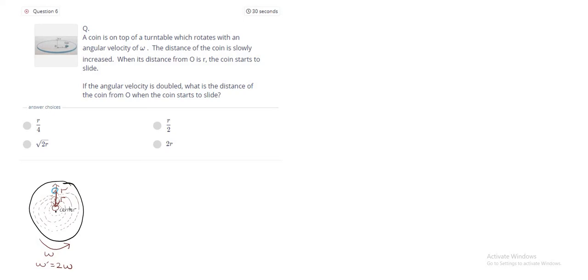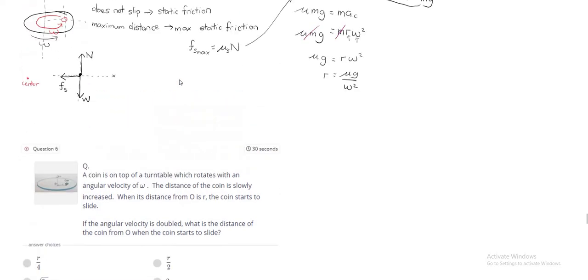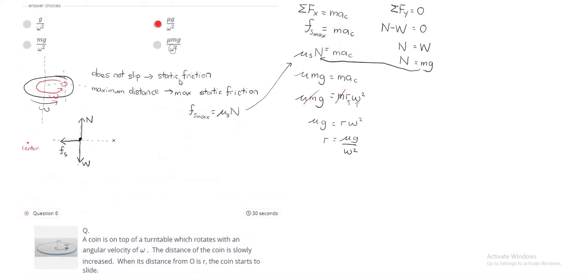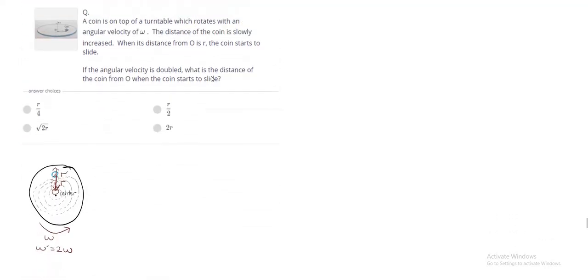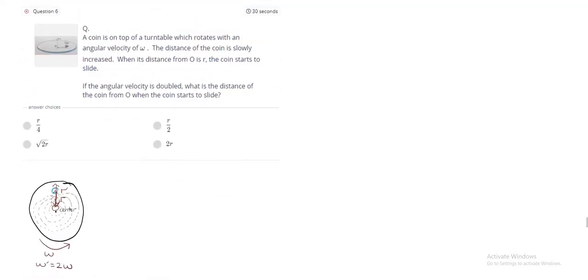We use back a bit of the things that we discussed in question 2, since they are basically the same question. Let's use back this particular formula: r equals mu g over omega squared. Let's just copy the equation here, since if we do the same thing, it will be the same derivation as well.